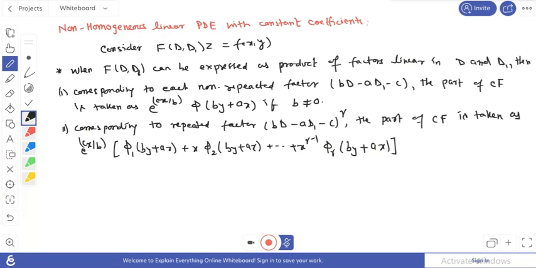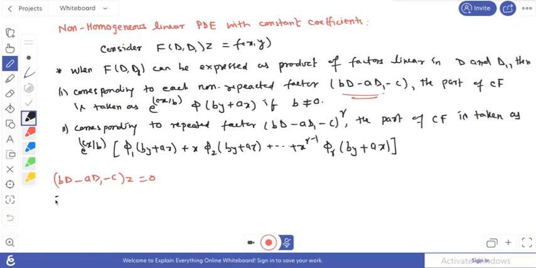Okay, and in addition to this, suppose we take this type of factor, with a minus sign here, a d1 plus, because this factor you can write as bd minus ad1 minus c of, suppose, z equals 0.